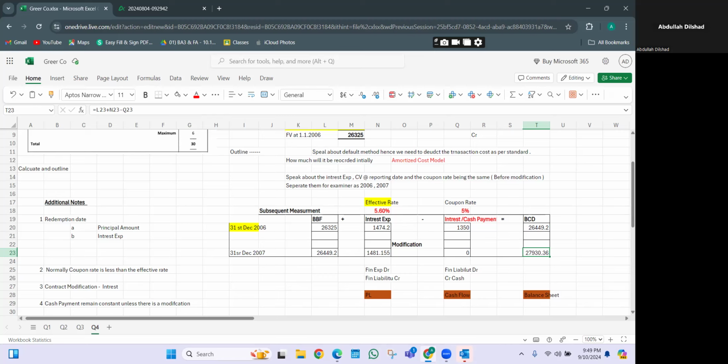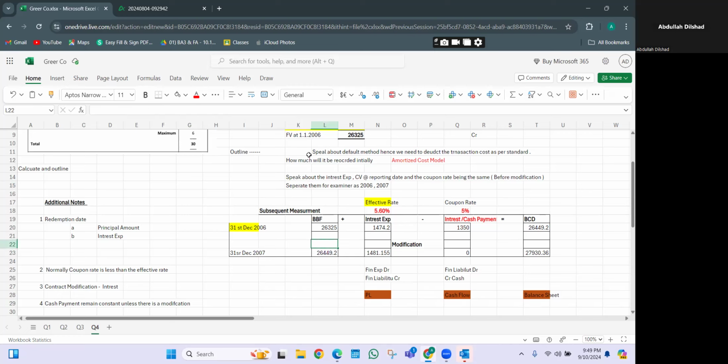This also needs to be included. If you include this, you will be getting 3 marks for your explanation. So far, we are almost done.